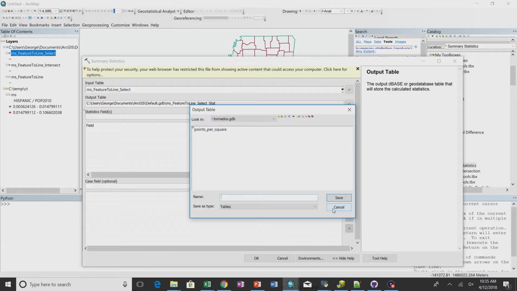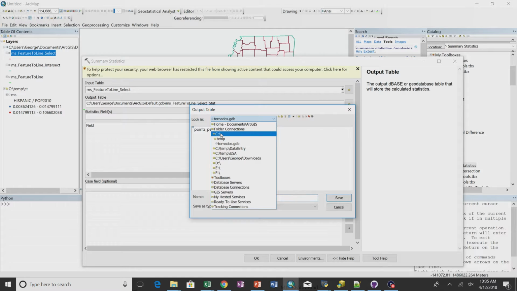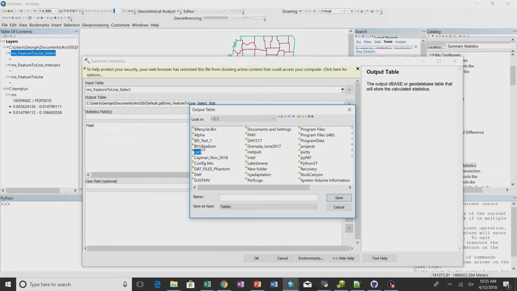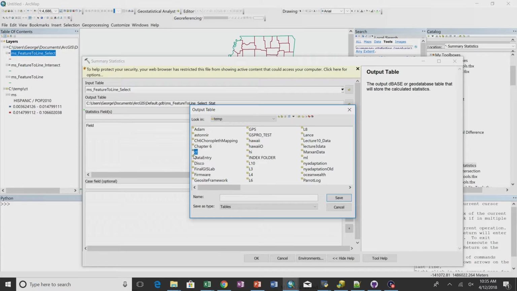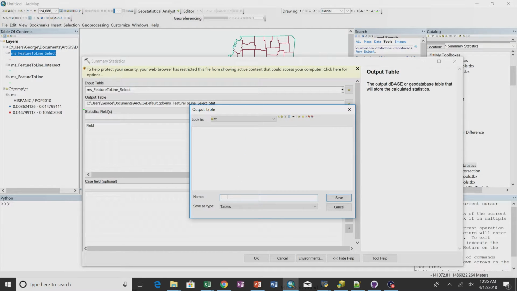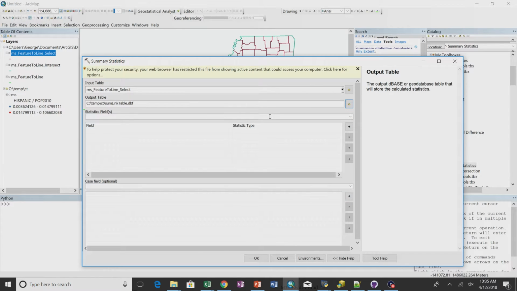I'm going to put this in C. I've been working in Connecticut, so I'll put it back there, even though we're working on Mississippi now. I'm going to save this table as a link table. Actually, I'll call it sum link table .dbf. I'm going to save it right there.